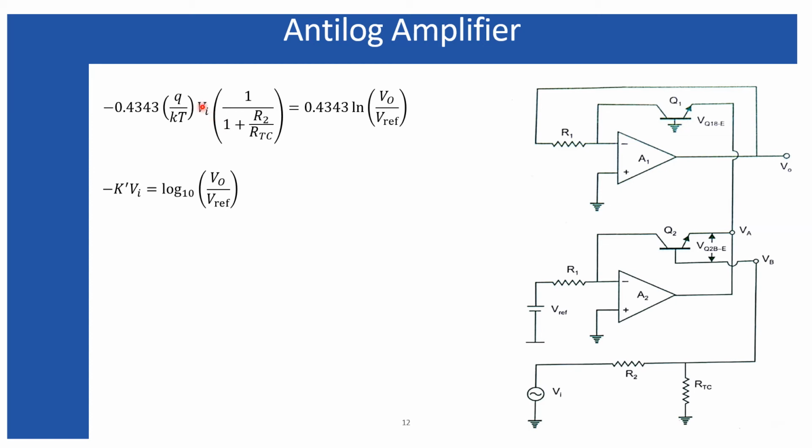Therefore, other than Vi, all other constant parameters I am assuming as k dash over here. As I told, this multiplication converts the natural logarithm into the base 10 log, and from here the output voltage can be written as the V reference voltage times 10 to the power minus k dash times Vi. So right now the output voltage has become an exponential function of the input voltage, where k dash is a function that I have already defined.